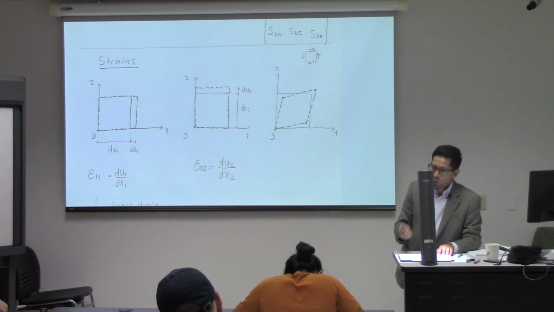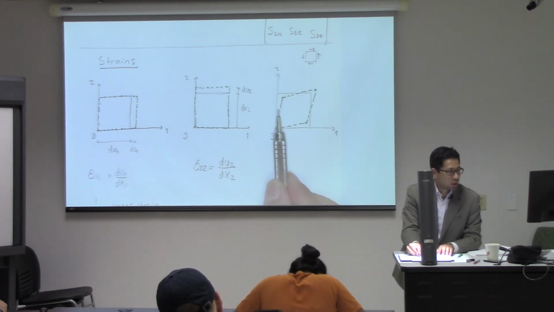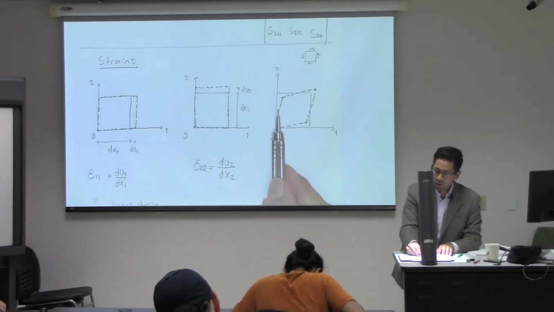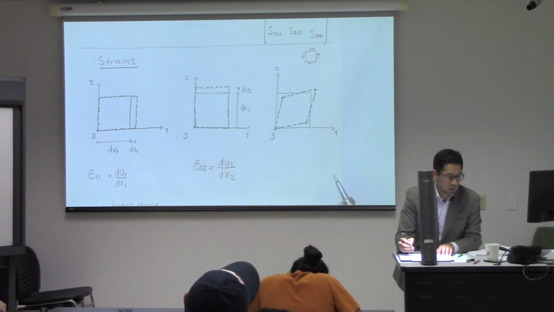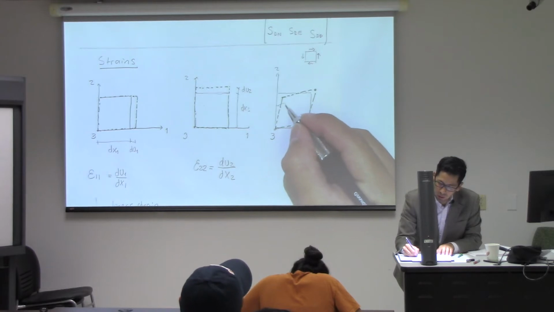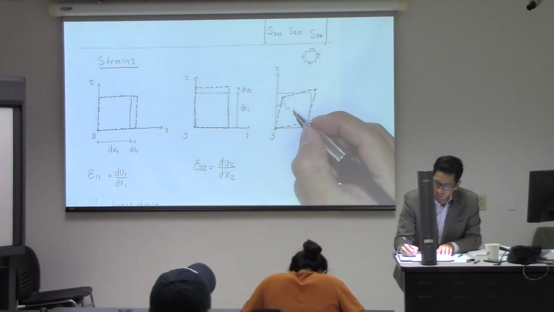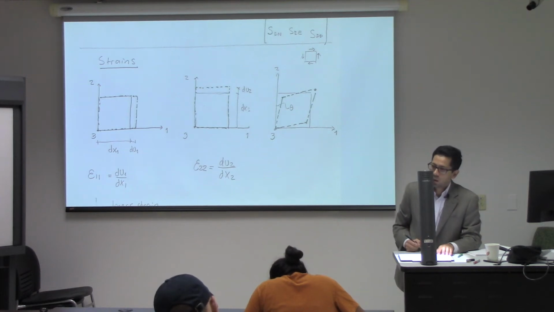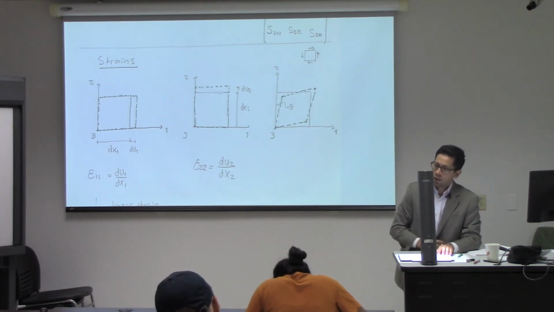So in order to quantify this distortion, we're going to calculate this angle over here. This distortion angle, let's call it theta. And what is the tangent of that angle?